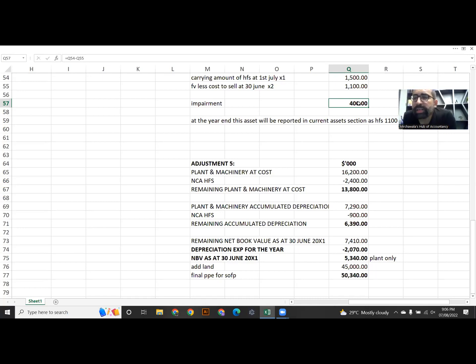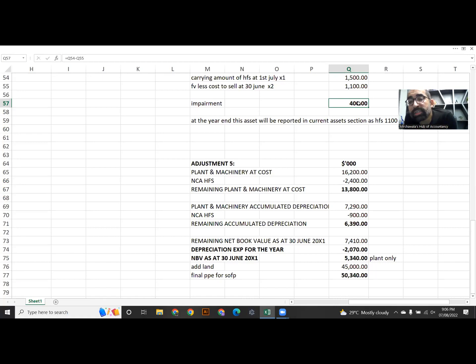Normally in 90% or 95% of questions at FR level, they give you ready-made cost of sales. But you remember, my dear students, when you were at F3 or FA level, you used to calculate cost of sales as opening stock, add purchases or production cost, less closing stock.